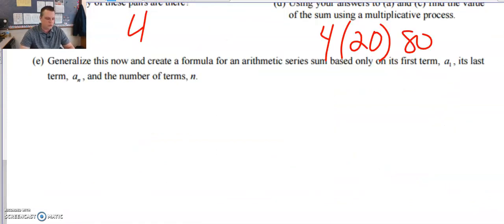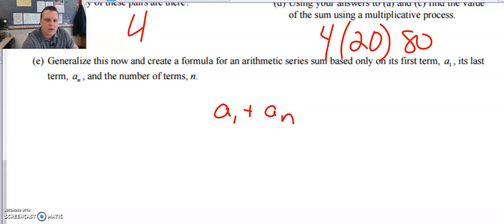If we're looking to create a formula here, we have our first term plus our last term, which is n. So the first term plus the last term, and it would include the second to the last, the third to the last, and so on.